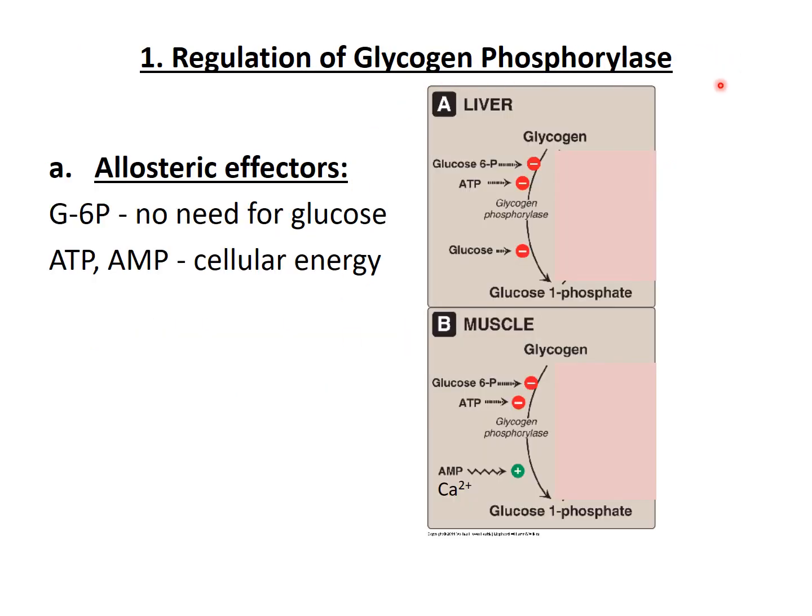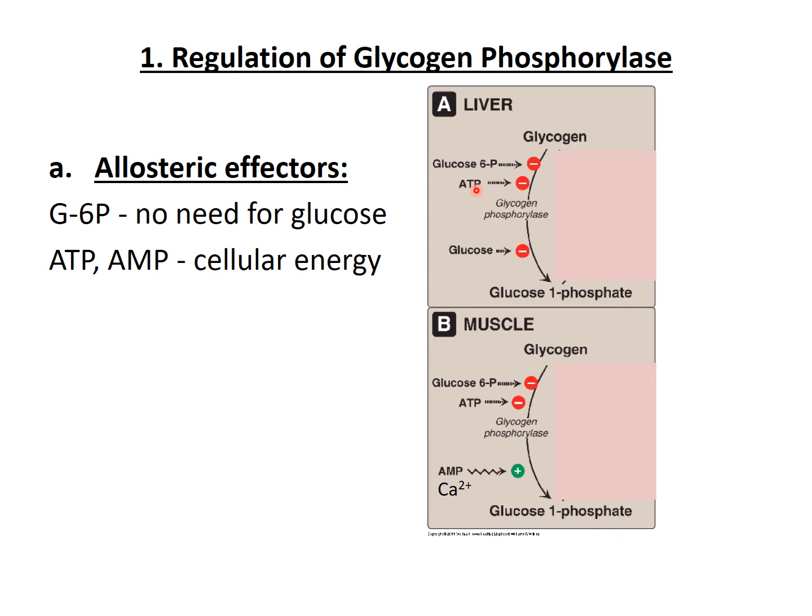So let's see at first glycogen phosphorylase. When do we need to degrade glycogen? When we are in the low glucose level. When we need glucose. So glucose 6-phosphate, when it is enough in the cytosol, will inhibit glycogen degradation because we already have enough.